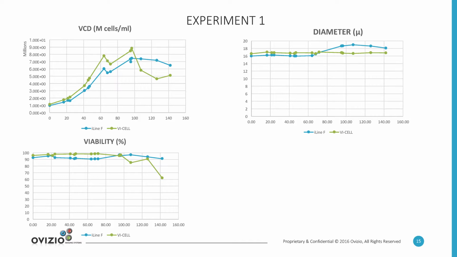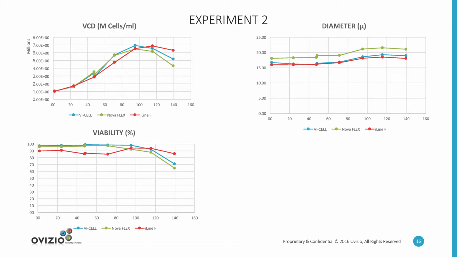So the basic results of all 3 experiments, when we are looking just at viable cell density or viability or the diameter, there we see that we are in line with other cell counters or cell monitoring devices. So there is the regular trend line when it comes to VCD, and there is the drop in viability at the end of the run and at the end of the process.